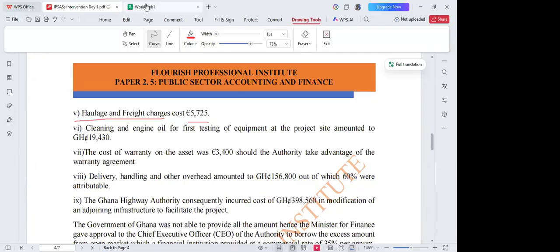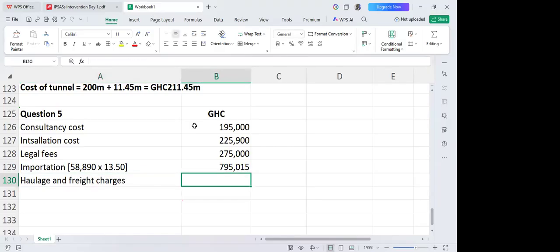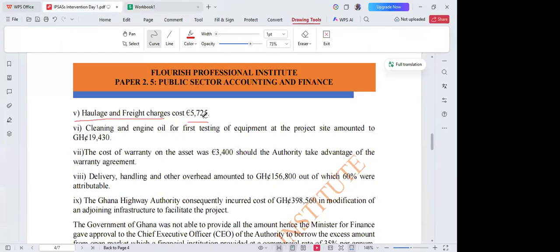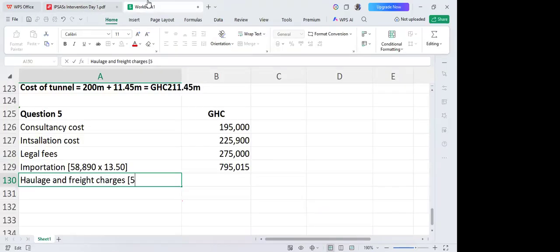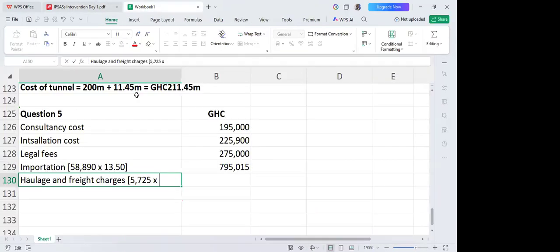Okay. So on that date, the haulage and freight charges, 5725 times the rate, which was 13.50.